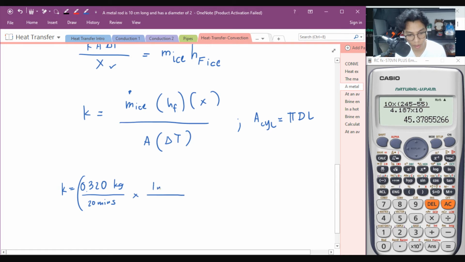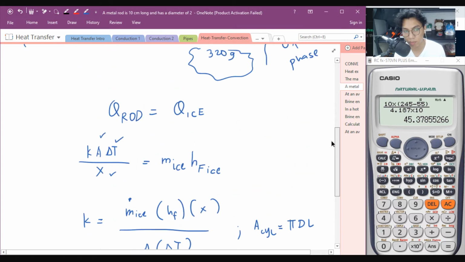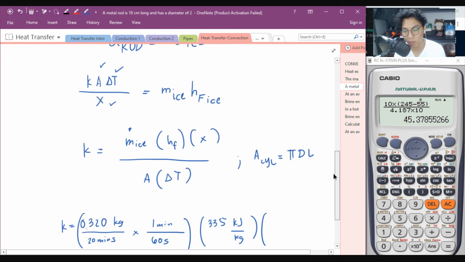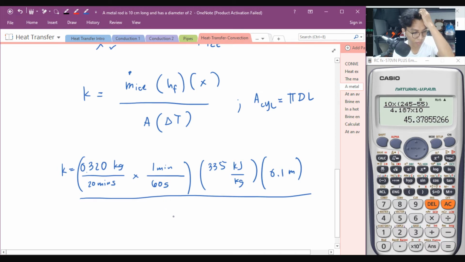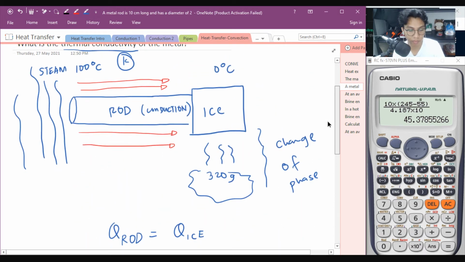So, 1 minute every 60 seconds. Multiplied to 335 kilojoule in every kilogram. Multiplied to yung binyahe niya. Ilang centimeter yon? O, 10 cm, ibig sabihin 0.1 meter. Kapag calculable naman mentally, i-calculate mo na. Kaya na yon. And then, 20 minutes, may time.